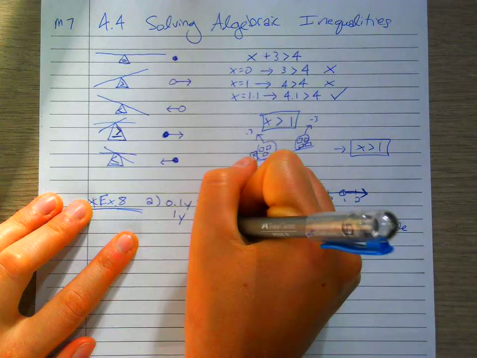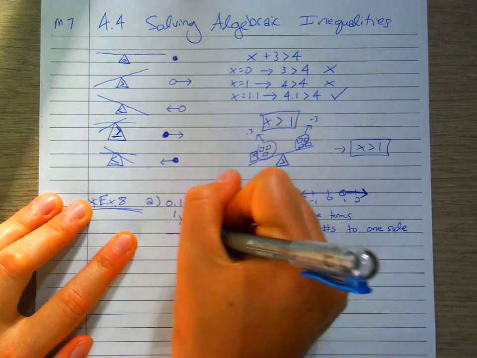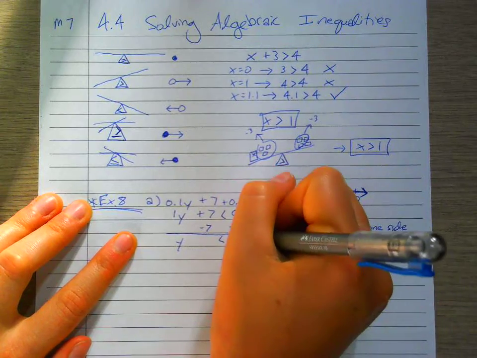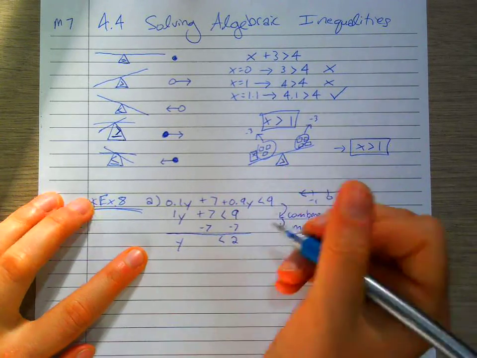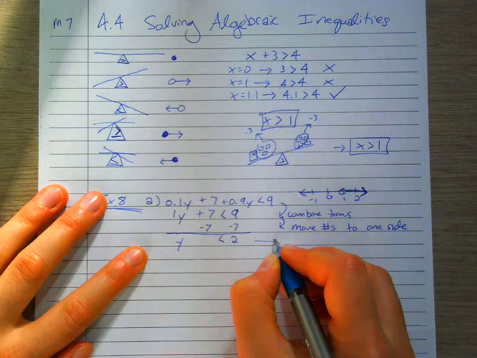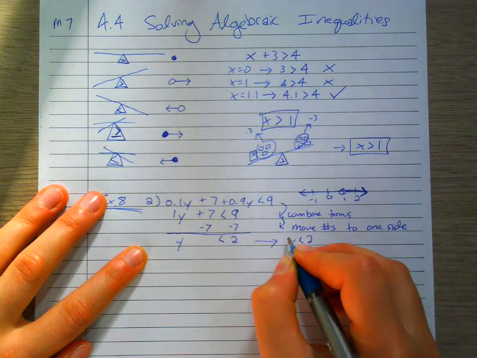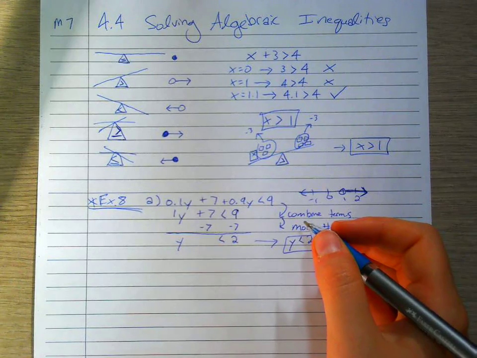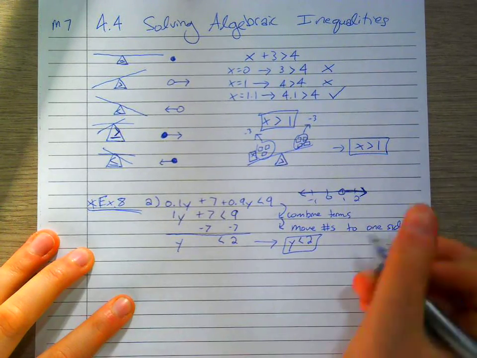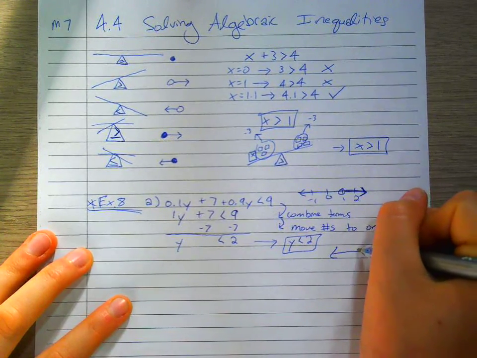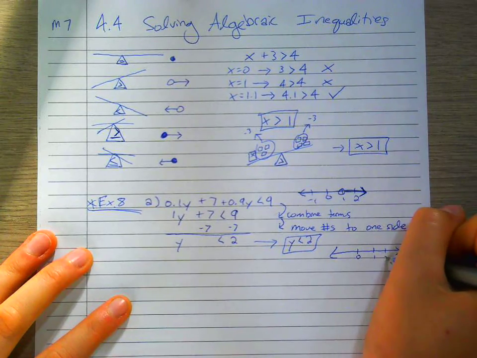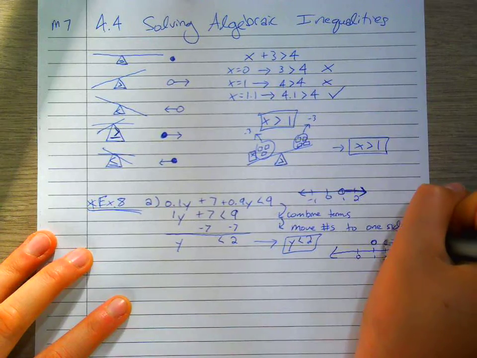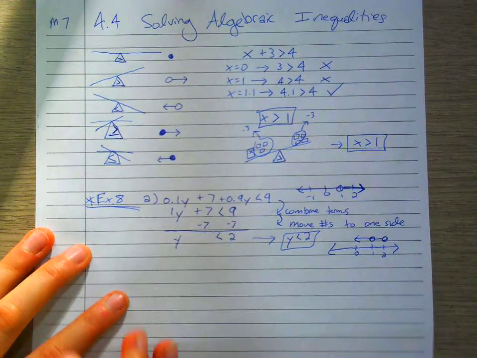So to move that to that side, we subtract 7. This gives us y, that's 0, is less than 2. And that would be our answer. Okay? B, and then it says graph on a number line. So number line 0, 1, 2. We'll draw our circle at 2 and come back.